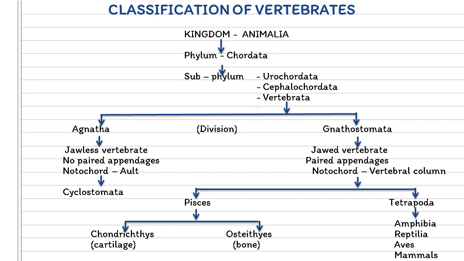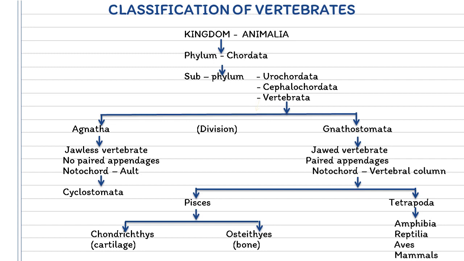Agnatha means these animals have no jaw in the mouth. That's why they are known as jawless vertebrates. These are vertebrates but there is no jaw in the mouth. But in Gnathostomata, jaws will be there, so they are jawed vertebrates.